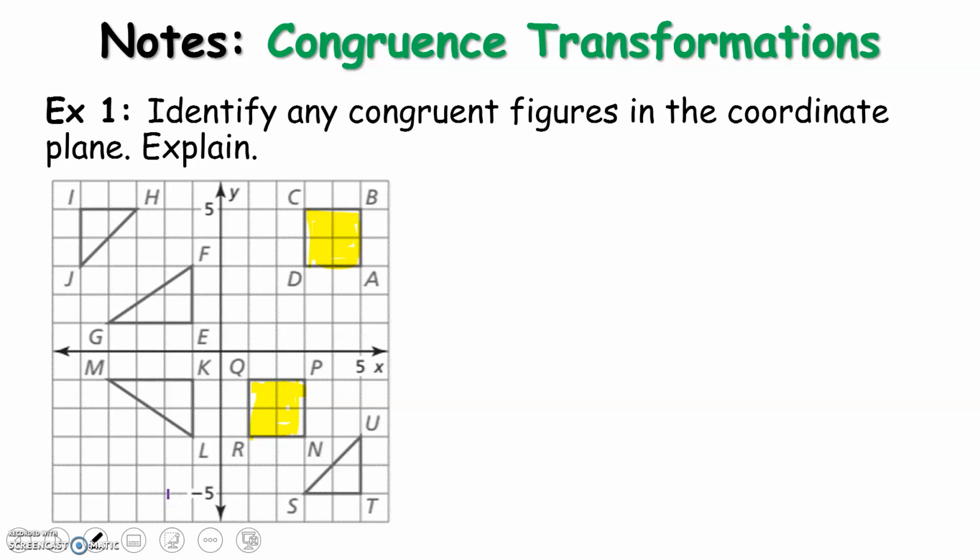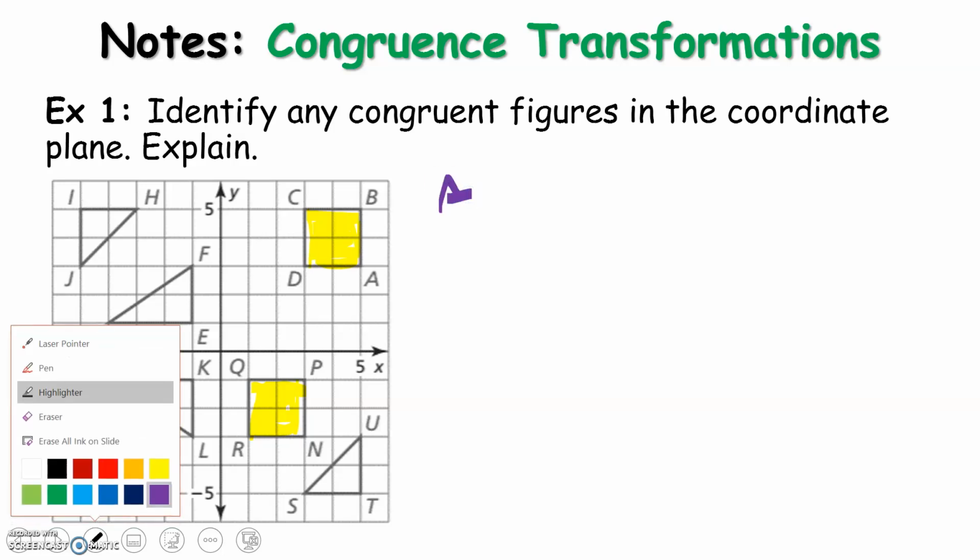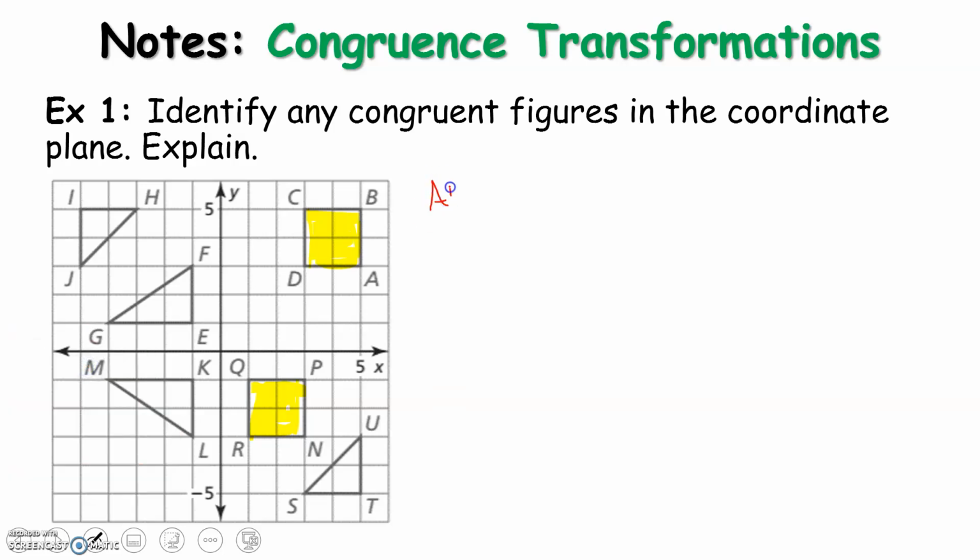So I'm going to say ABCD is congruent to, and note we have to go in the same order. So I went A, B, C, D, so I'm going to go N, P, Q, R. It's congruent to NPQR.